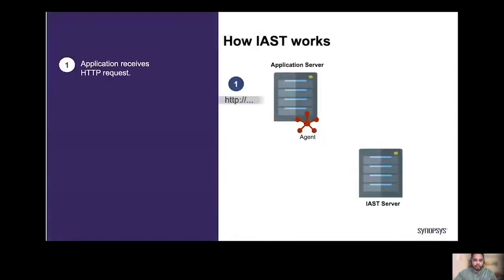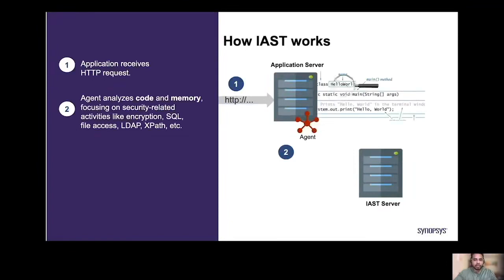Let's look at it in action in this animation. The two steps here happen before the user gets a response back from the server. That is immediate results. As you can see, once the agent analyzes the code in memory through software instrumentation with a key focus on security, many of the IAST tools stop at this step.